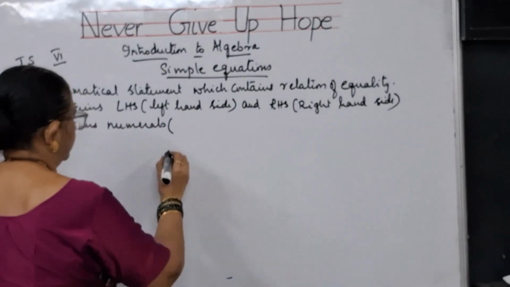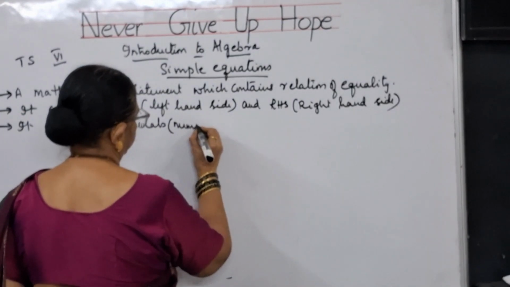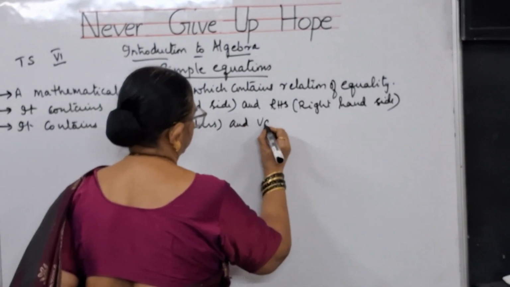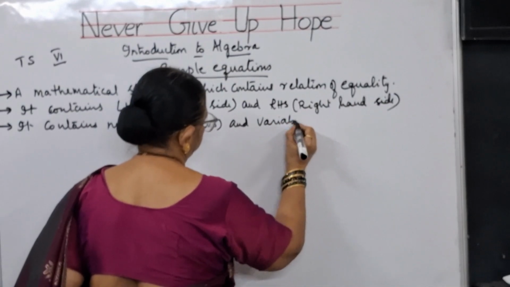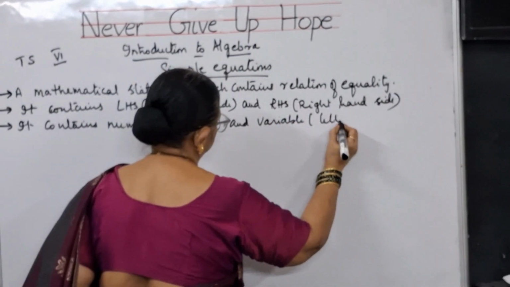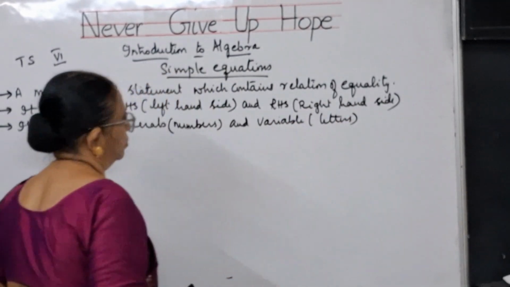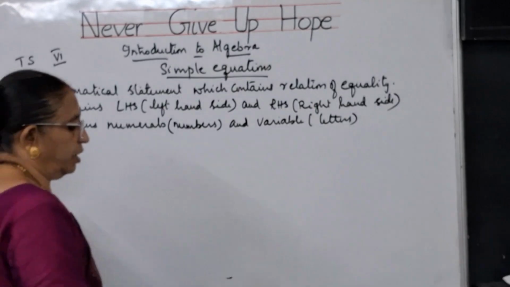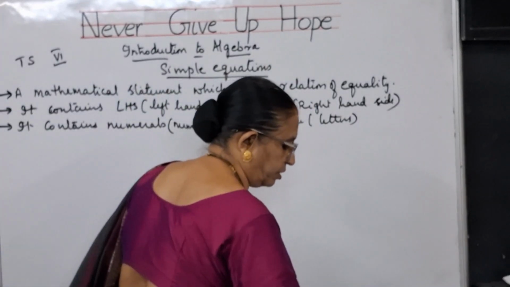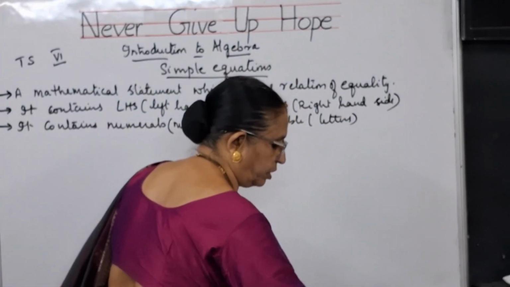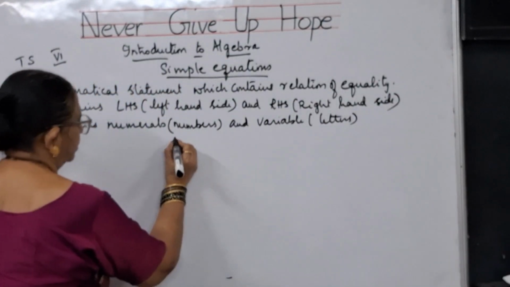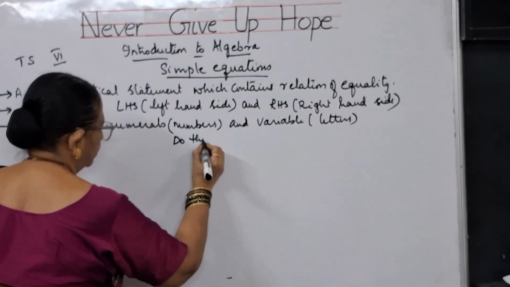Numerals means numbers, and variables. Variables means letters. These are the 3 points which will give you an understanding about simple equation. Now the question here, do these sums, children, in these simple equations.